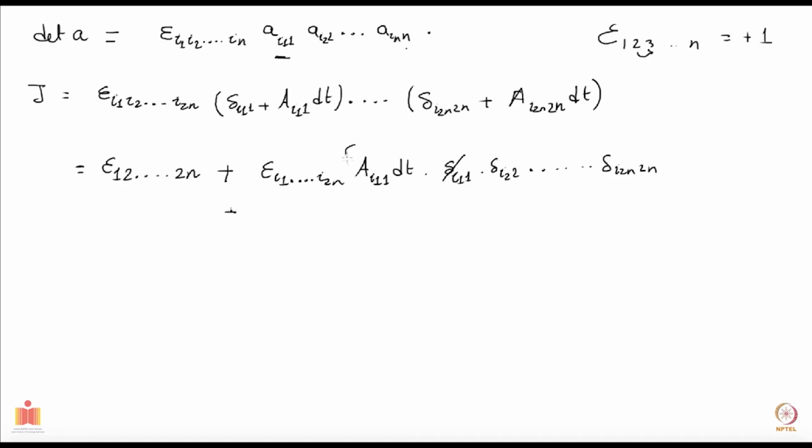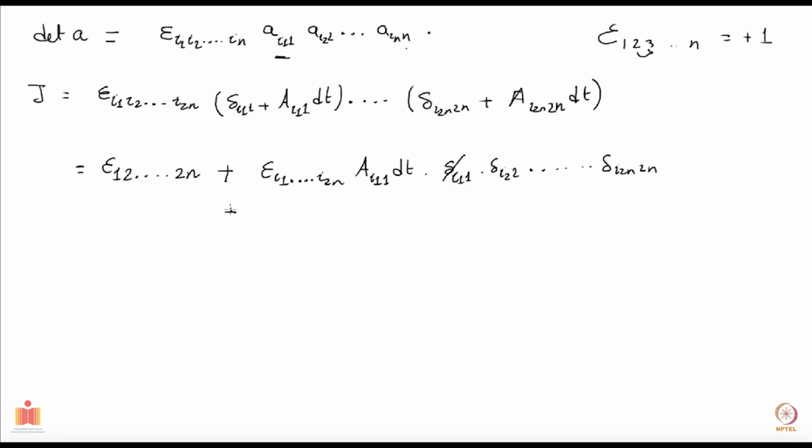And these kind of terms, if I was a bit more careful, I could have, yeah. So I'll just pull out this term, because you see now, the next term which I'm going to write will again have an epsilon. It will have a corresponding a times dt, with this being removed, and you'll keep this.